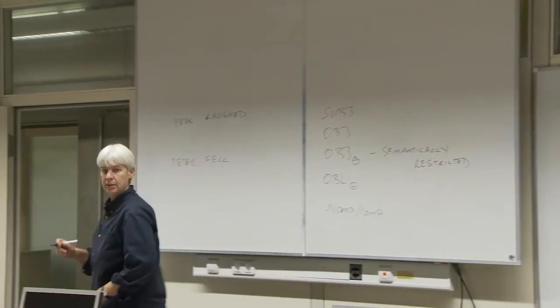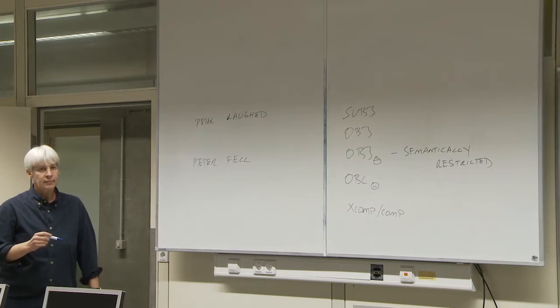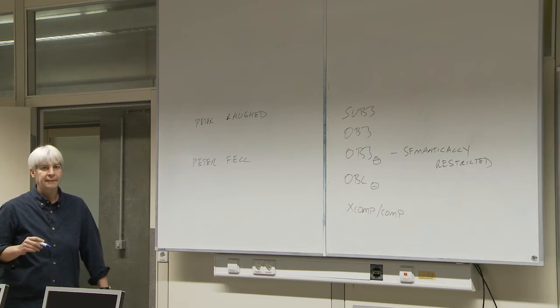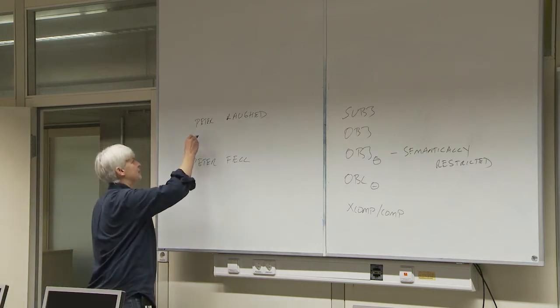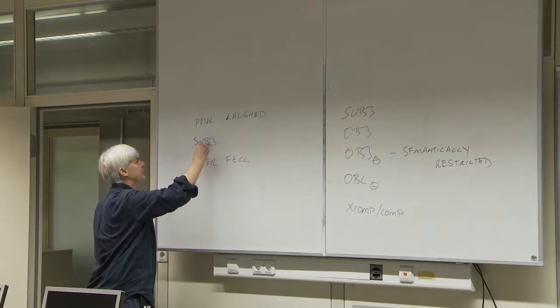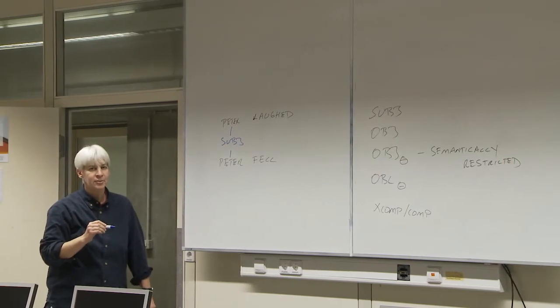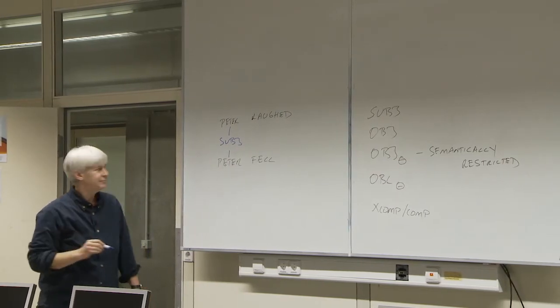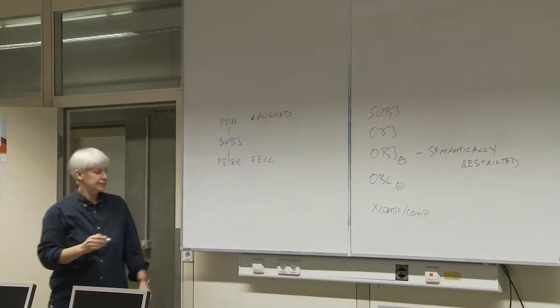What's Peter? The subject. The subject of the sentence. Was that question too difficult or too easy? Too easy. I'm just making sure you're listening. Okay, so it's the subject.